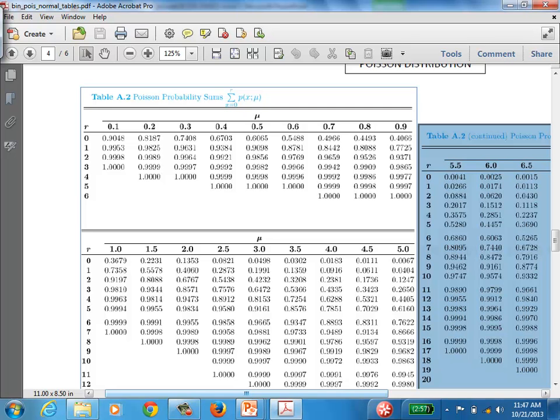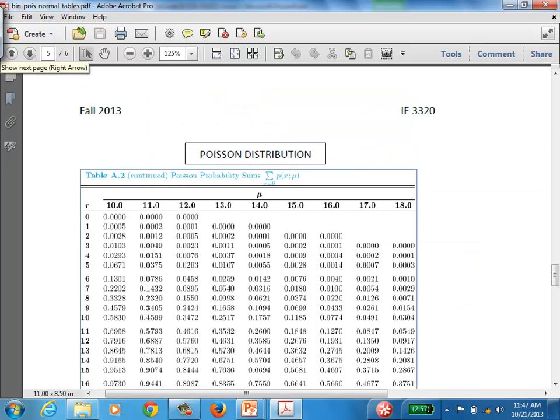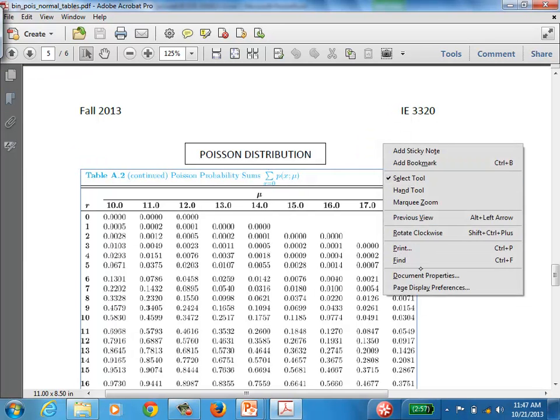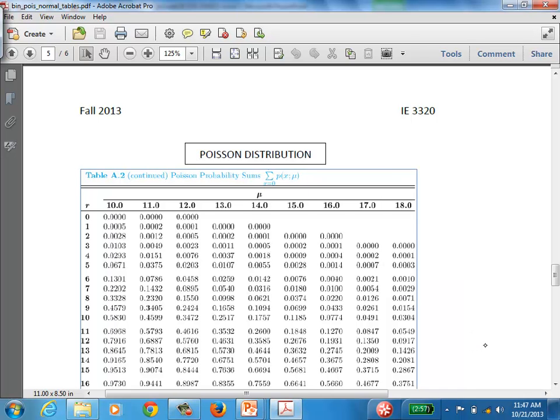So if we go to, again, page 4, let's go to page 5. Now we look at lambda. Again, mu is our expected value, right? So mu is right here. What is our expected value for this problem?